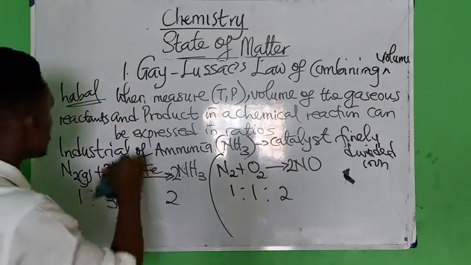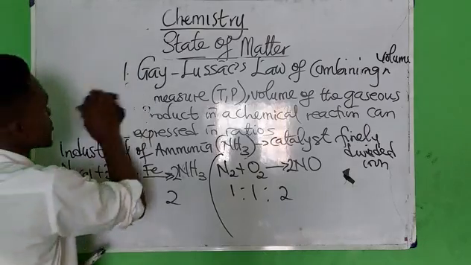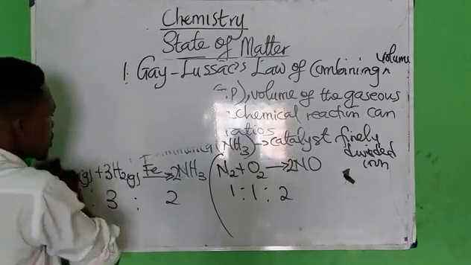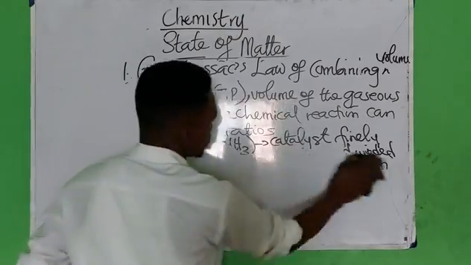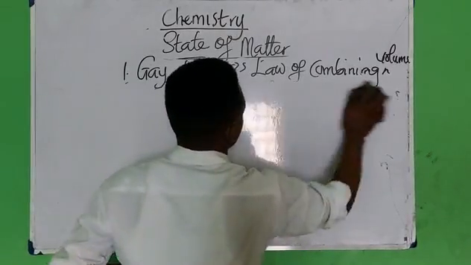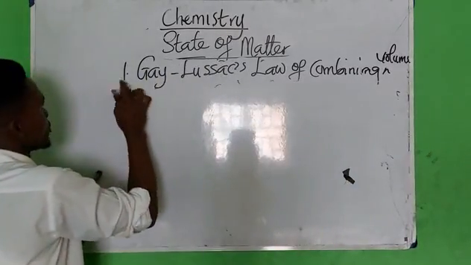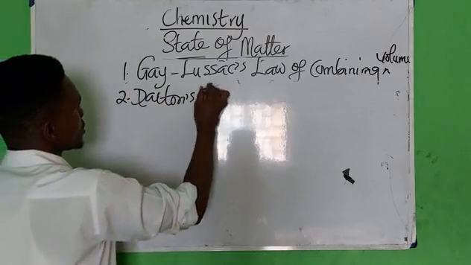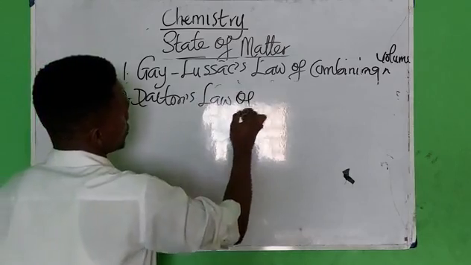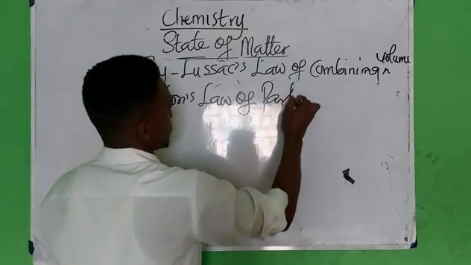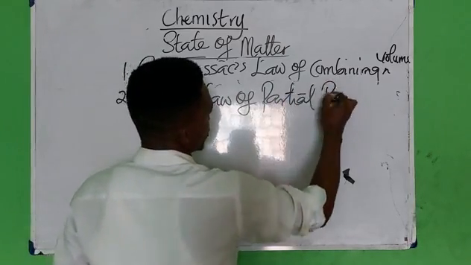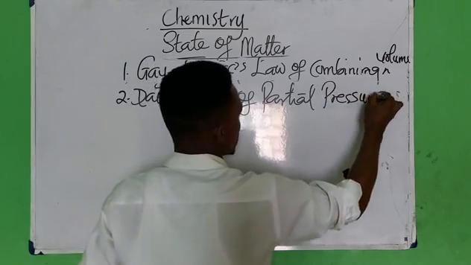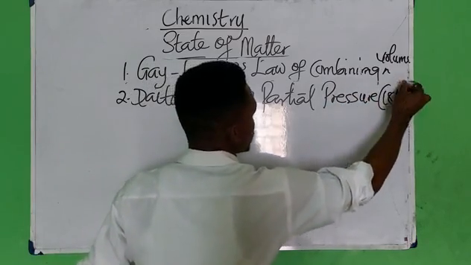The second law we'll be taking right now is Dalton's law of partial pressure. Dalton's law of partial pressure, and this was done in the year 1811.